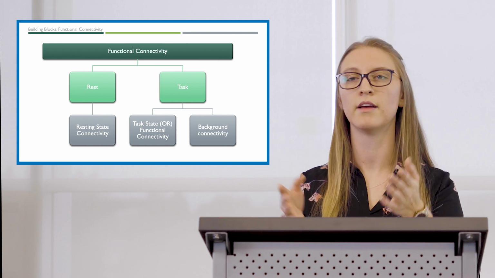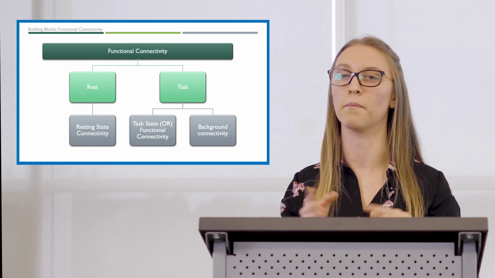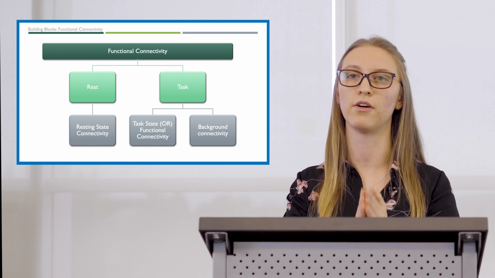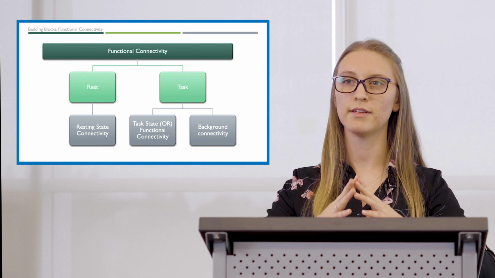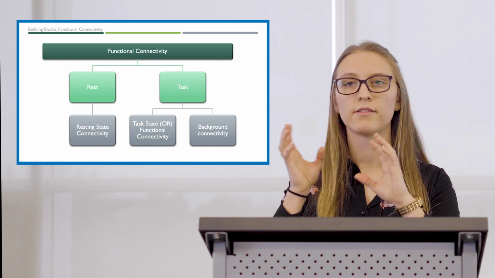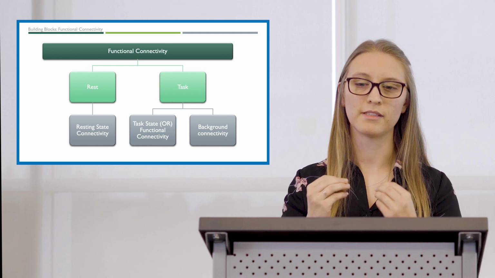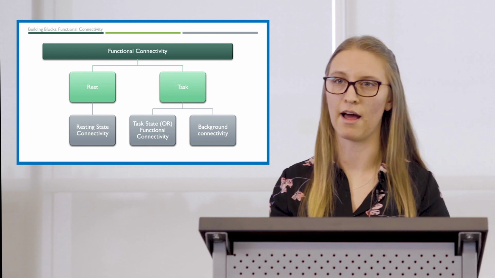However, with task states, we have what I put as task state, but generally speaking, this is just called functional connectivity when we're referring to the stimulus that is task dependent. So the specific parts of the brain that are activated specifically to engage in the task that you've been asked to do, like complete a math problem.